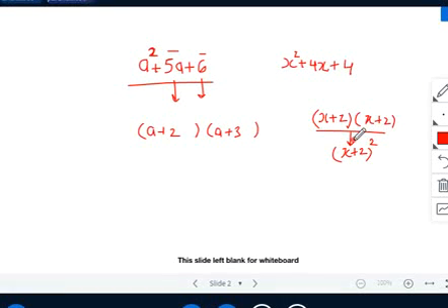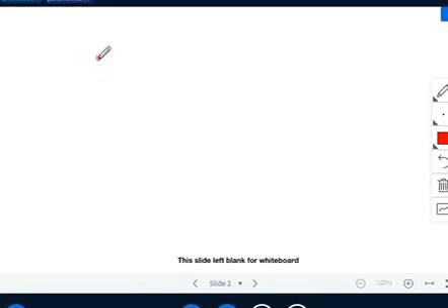Now this one, x squared minus 4x plus 3.